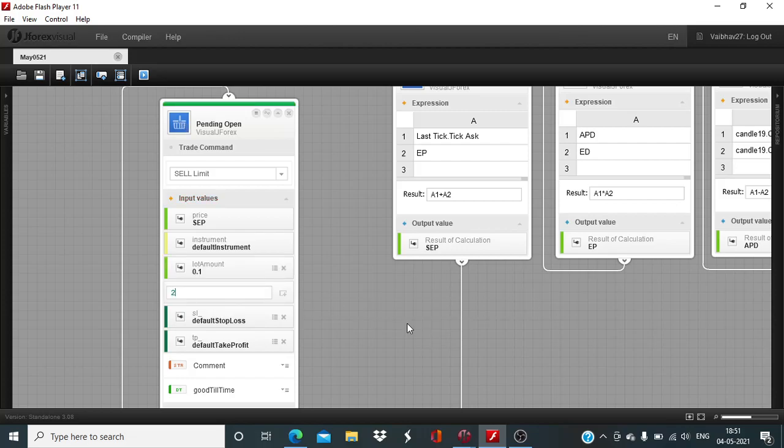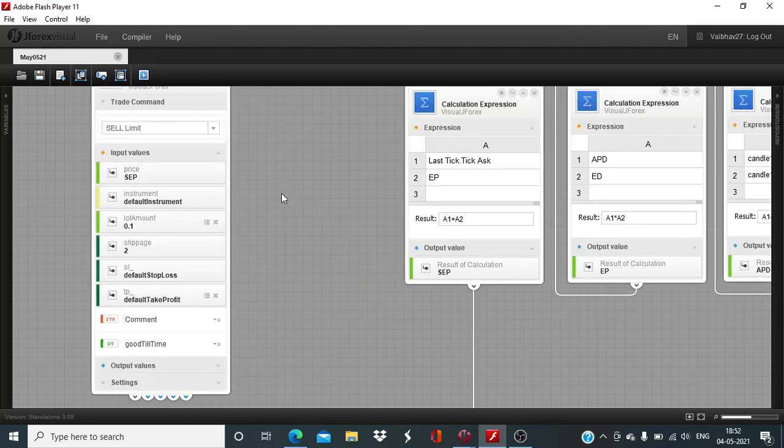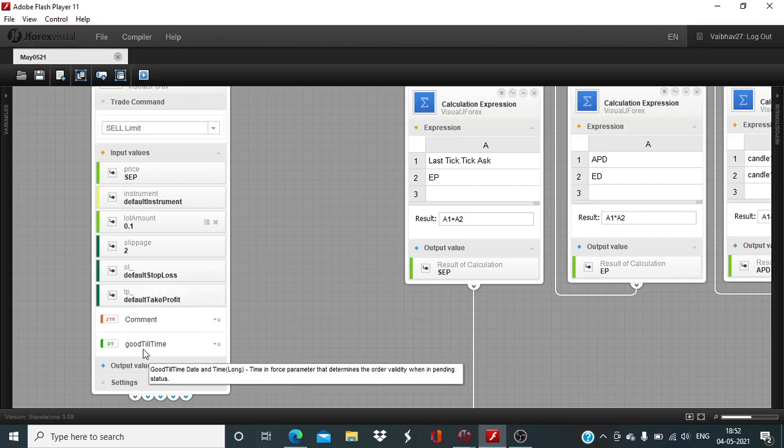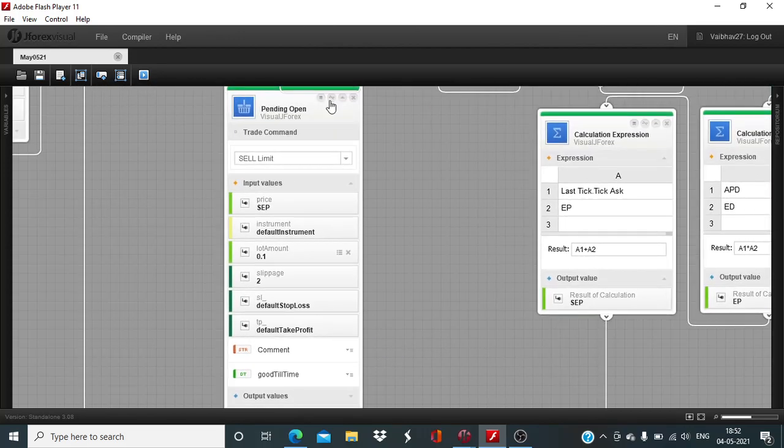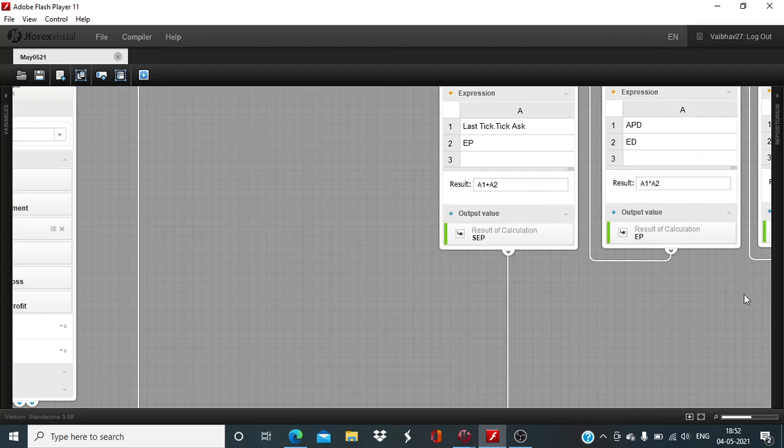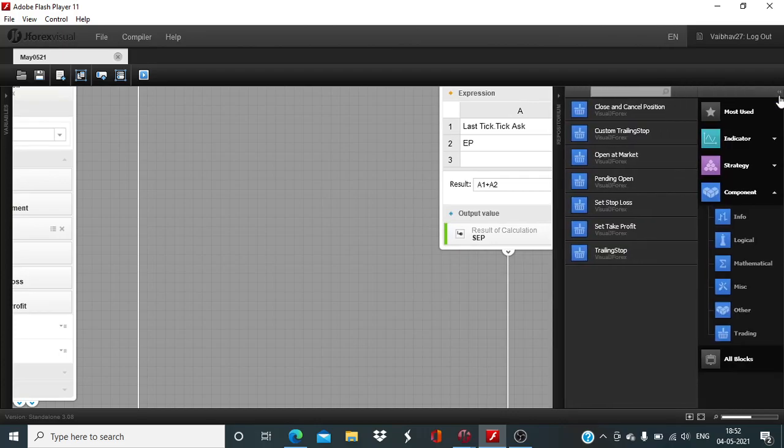Slippage 2 pips. Stop loss, we will keep it dynamic. For that, we will carry out the calculation, and also same for the take profit, and order validity is going to be 1 hour. So we now need 3 calculation expression blocks to define these 3 variables.